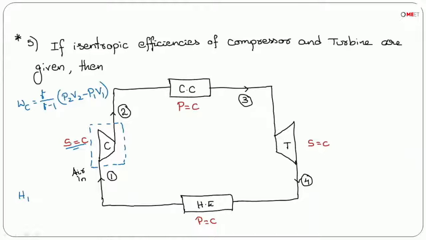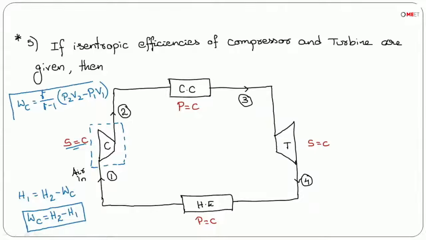So we can neglect them, and during the isentropic process heat transfer is 0. Therefore we can write H1 is equal to H2 minus the work input that we are giving to the compressor. So work input to the compressor can also be written as H2 minus H1. We can use either this formula or this formula for work done.